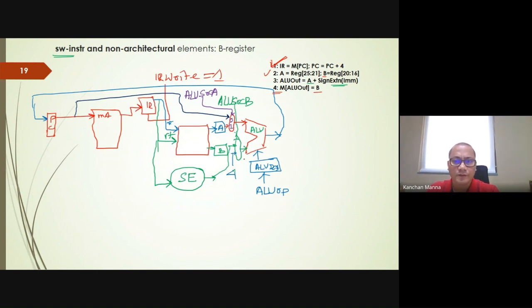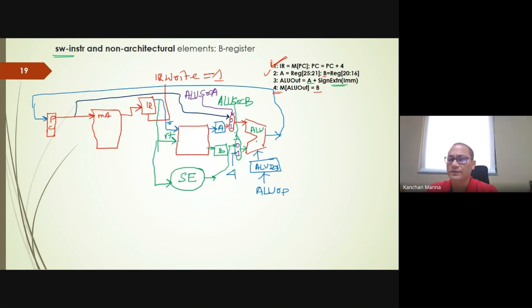Similarly, for here, let's say if this is 1, then we'll take 4, and if it is 0, then we'll take sign extension.